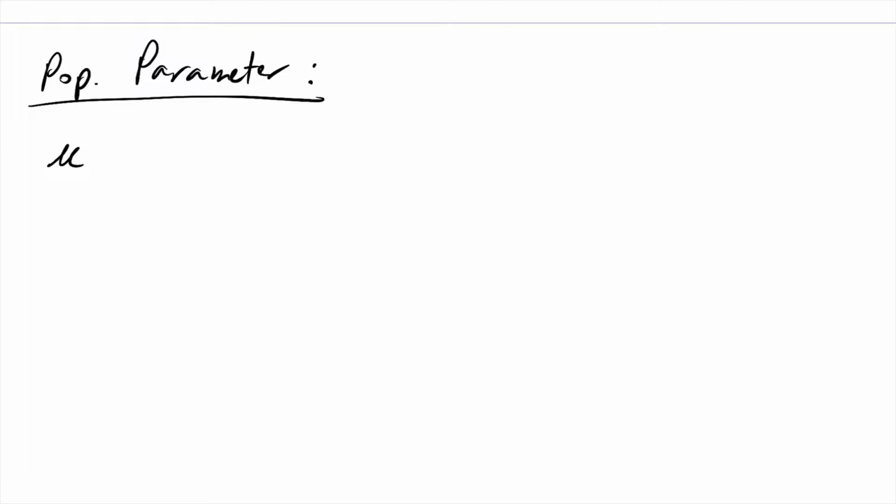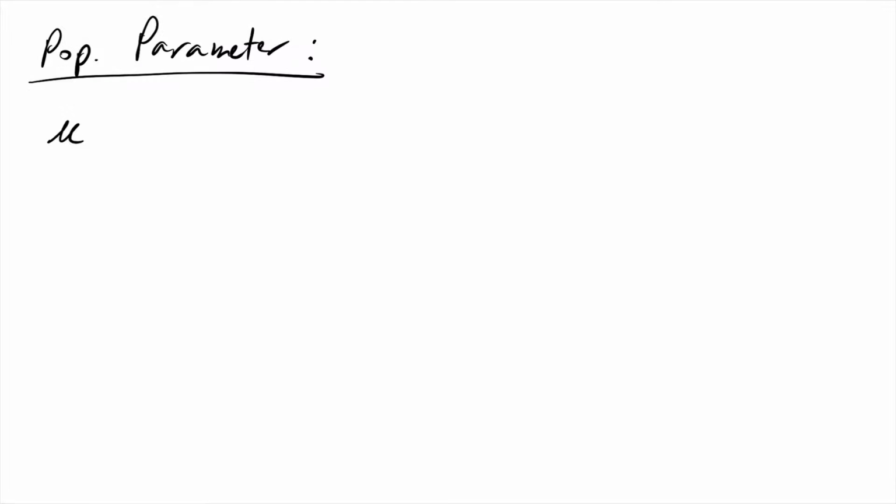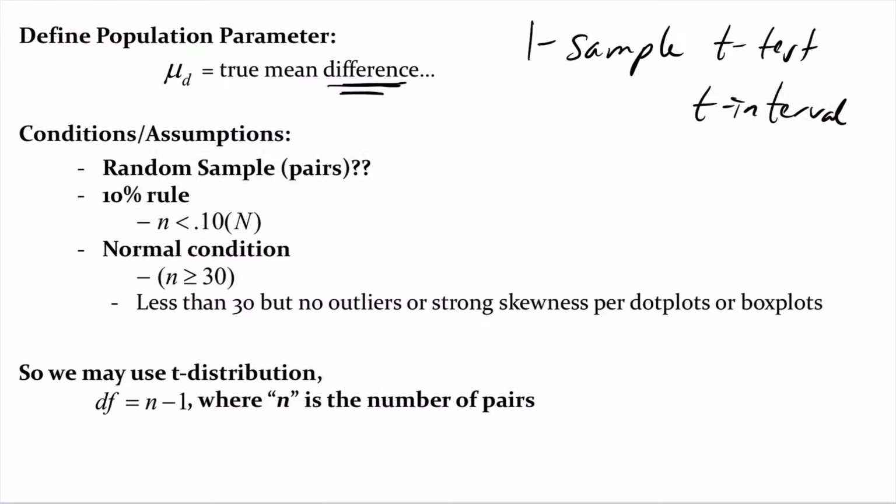So let's go back to the start. Only one population parameter. We always start with mu of D. Mu of D. D for difference, because that's all we care about with one sample or with matched pairs. Okay. Equals true mean difference.